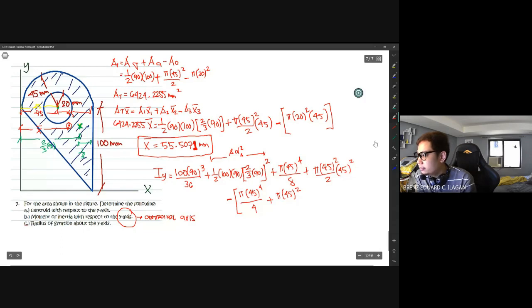Hindi 40. Sorry guys, ito pala ay yung sa circular part na, so ang radius na gagamitin is yung 20. So pi r squared and then multiply by the distance, which is also 45 squared. Ayan. So pakipindot na lang, medyo mahaba.